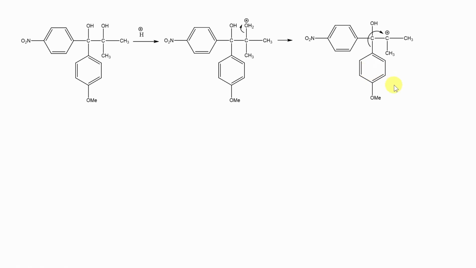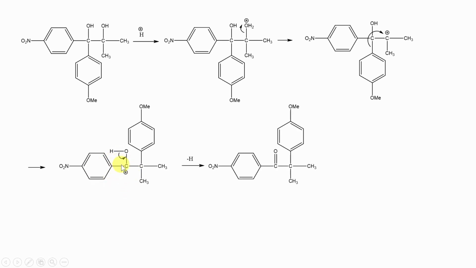Then here the para-methoxyphenyl group gets migrated from this carbon atom to this carbocation, thereby forming this rearranged carbocation. And from this carbocation, a proton is eliminated, forming this pinacolone. Okay, it is the end product.